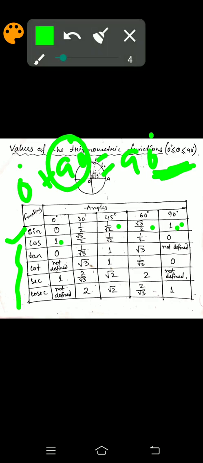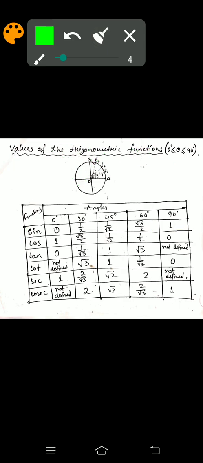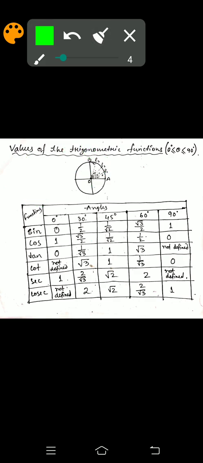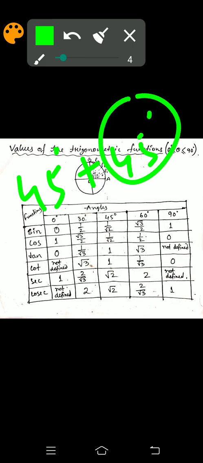Okay, now for 30 degree, we have to add how much, 60 degree. So the value of cos 30 will be equal to sine 60. Sine 60 is root 3 by 2, so cos 30 will be root 3 by 2. Again for 45 degree, we have to add again 45 degree, so the value of cos 45 will be equal to sine 45, that means it will be same.